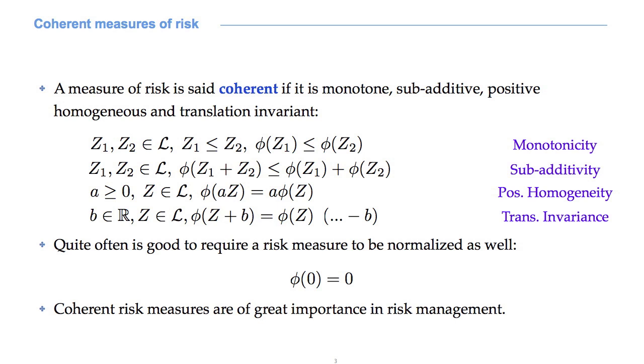Positive homogeneity says that, for a non-negative scalar A, phi of AZ is equal to A times phi of Z. Finally, for translation invariance, we can give two definitions: a mathematical one, in which adding a constant to a loss does not change its risk profile, and a second one, more economical, in which adding a scalar to a loss reduces risk by the same quantity.